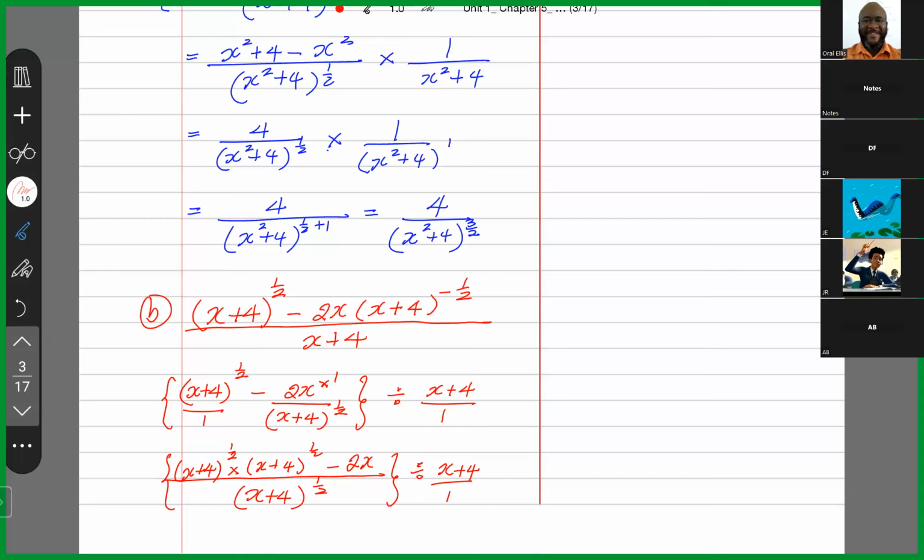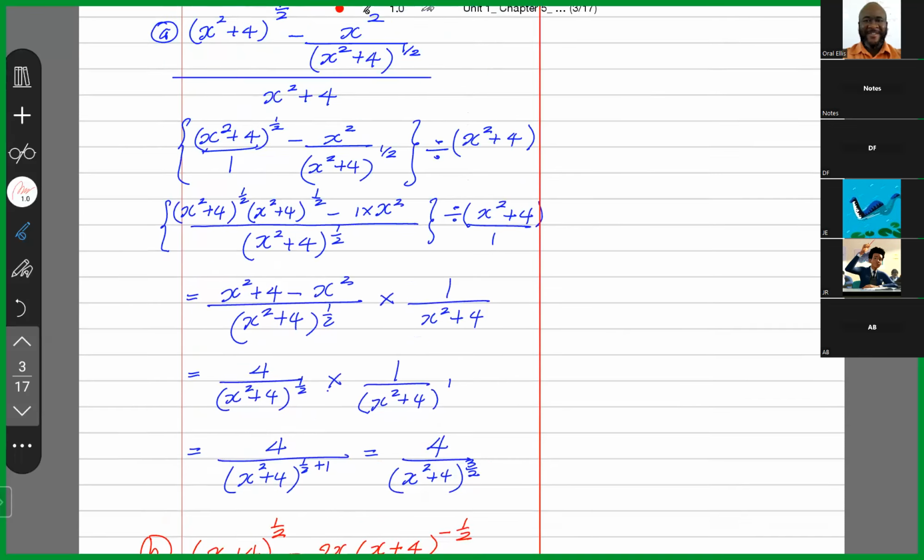All right, moving up. Now, x plus 4 to the half power multiplied by x plus 4 to the half power is x plus 4 to the half plus a half, which is x plus 4 to the 1, and x plus 4 to the 1 is just x plus 4.